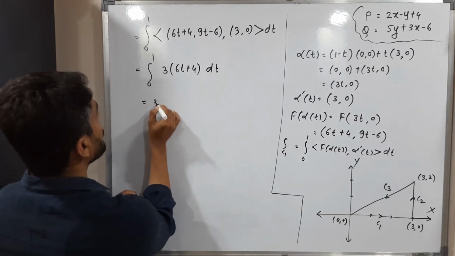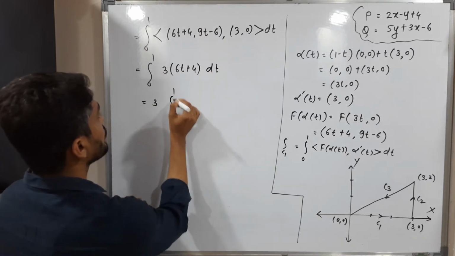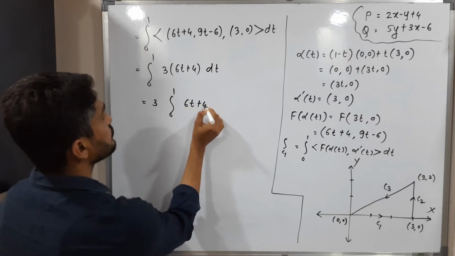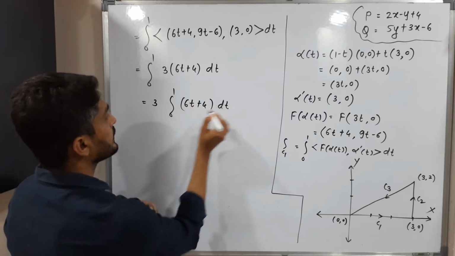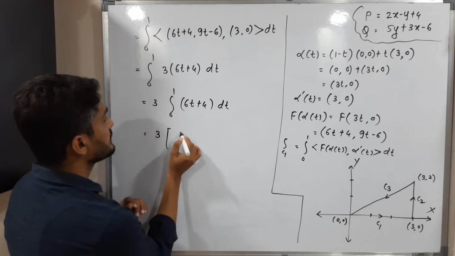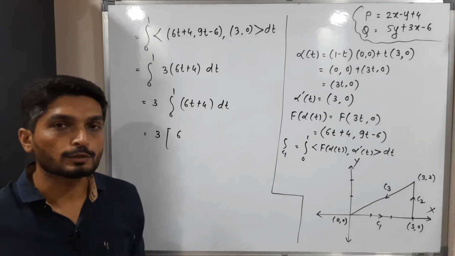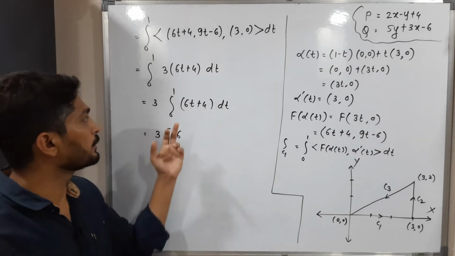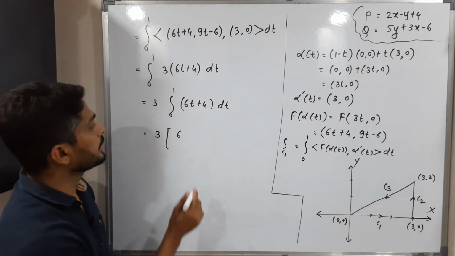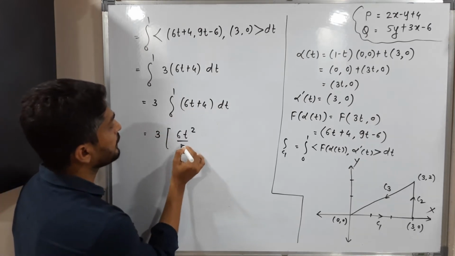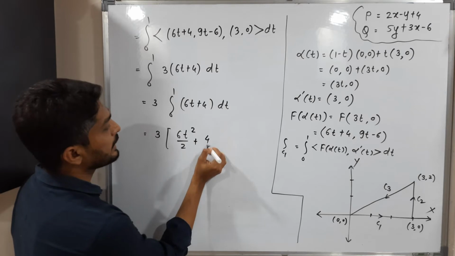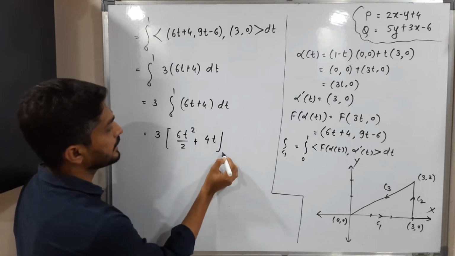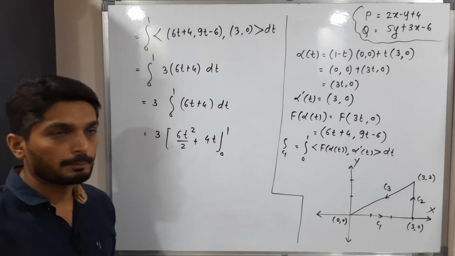So 3 will come outside. Integration 0 to 1, 6t plus 4 dt. So let us integrate. See, 6 is a constant, it will come outside when you take the integration. Integration of t is t square by 2. 4 is a constant, it will come outside, so integration of dt is t, 0 to 1. Let us put the upper limit and lower limit.